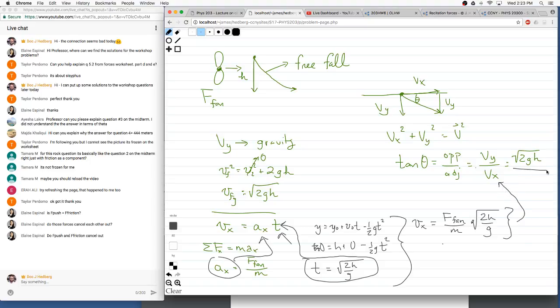I'm probably not going to be able to write it so small there, but I'll try. F fan over m root 2h over g. And then that looks kind of complicated as is, but as a few people have already asked me about, we can simplify it.